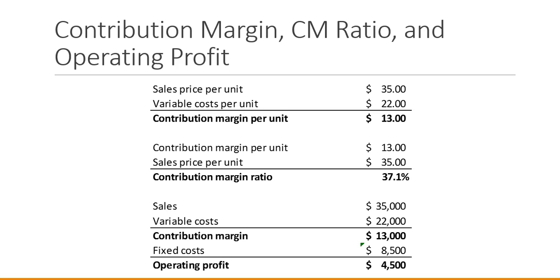And operating profit is sales minus variable costs, which gives us contribution margin as a subtotal. Notice this is not described as per unit because it isn't, it's in total. Contribution margin minus fixed costs equals operating profit, and the formulas for these calculations are on the formula slide we saw previously.